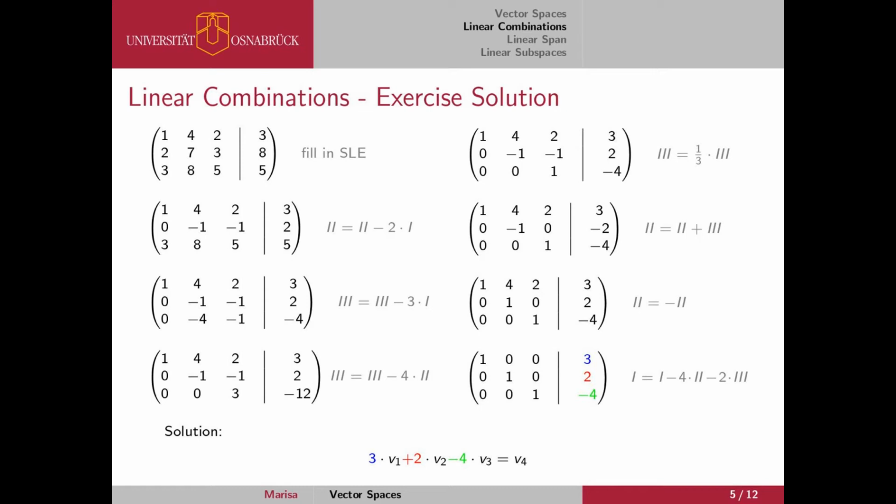Indeed, the three vectors v1, v2, and v3 can be linearly combined to produce the vector v4. The scalars for this linear combination are 3 for v1, 2 for v2, and -4 for v3. So to write this properly as a linear combination, you would have 3 times v1 plus 2 times v2 minus 4 times v3 equals v4.